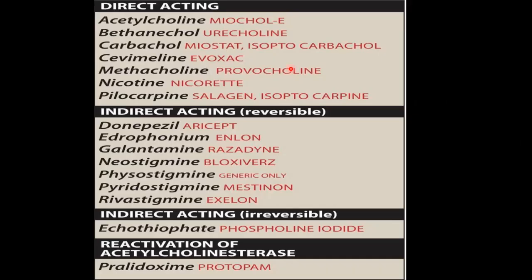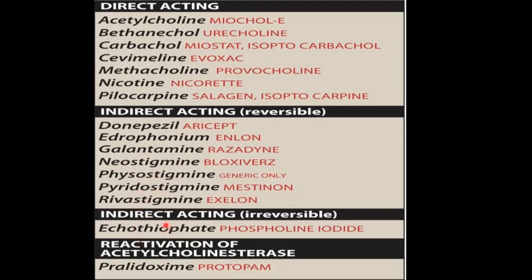So let's start with the direct acting cholinomimetics. Acetylcholine, which occurs naturally in the body, bethanechol, carbachol, cevimeline, methacholine, nicotine, and pilocarpine. We'll be focusing mainly on these. Then indirect acting, reversible ones include edrophonium, neostigmine, and physostigmine, just to mention a few.